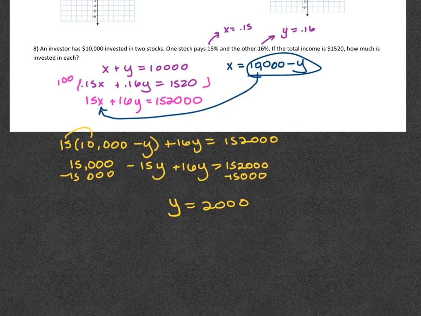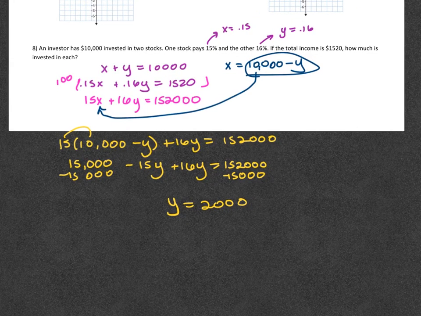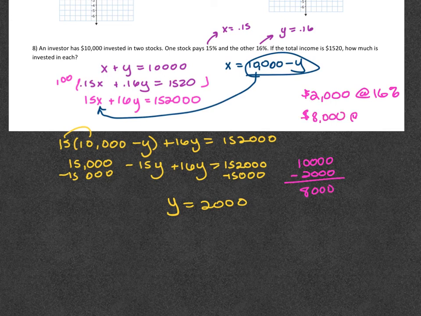So y is 2,000, which means you're going to invest 2,000 at 16%. And then subtract that from the 10,000. And that's how much you're going to invest at the 15%. And my advice would be to take a second to multiply that out in the calculator. So if you do 2,000 times 0.16 and 8,000 times 0.15 and add them together, you should get that 1,520.